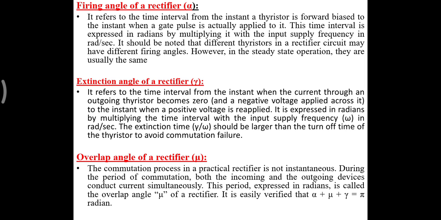See here, when the SCR is turned off it has to turn off naturally, but in some situations it is going to extend. That is called the extinction angle. So sometimes both input is supplied and we are getting the output also. That is called the overlapping angle.